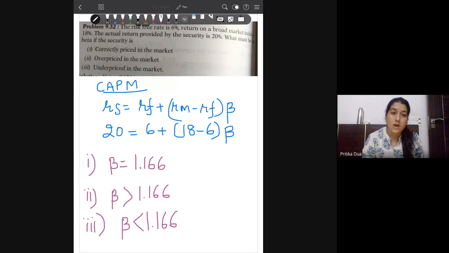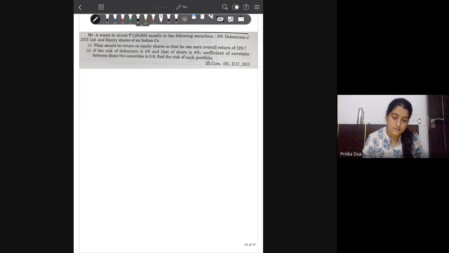Okay, so after this, the next question is this. So, Mr. A wants to invest equally 1 lakh rupees in debentures and equity shares.